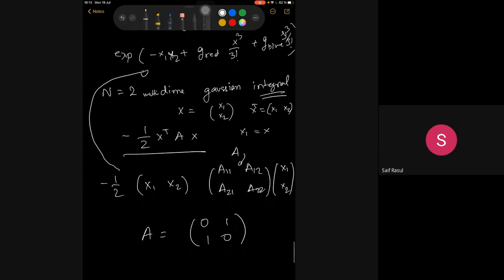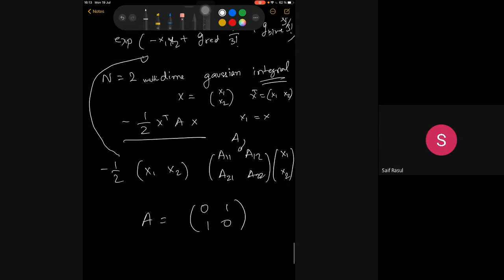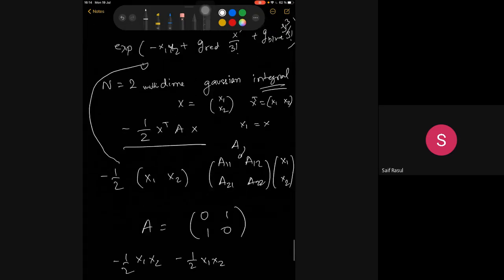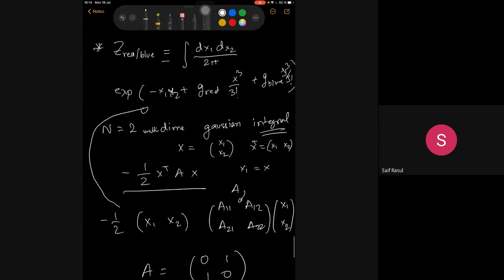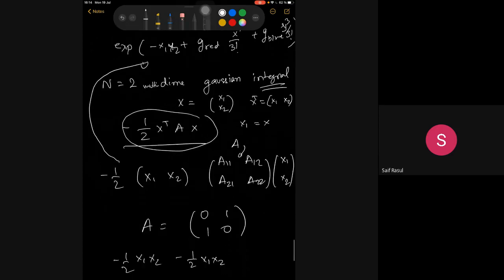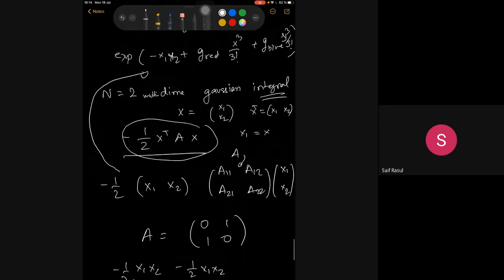If you multiply it out, you will get x1, x2 minus half x1, x2 minus half x1, x2. Other terms are 0. That's how we give it a matrix interpretation. If you're confused about how this holds, just check it. The matrix has to be like this, otherwise you won't get minus x1, x2.